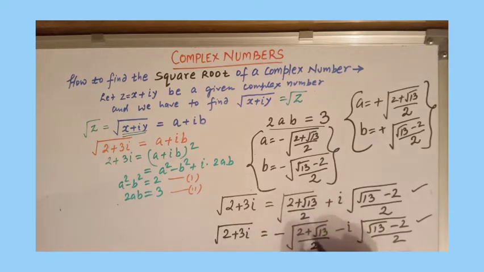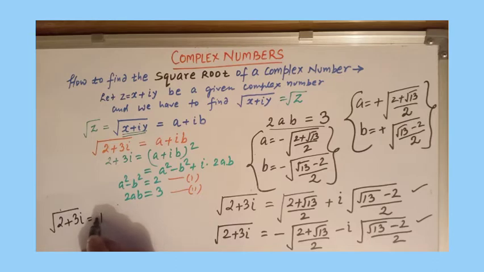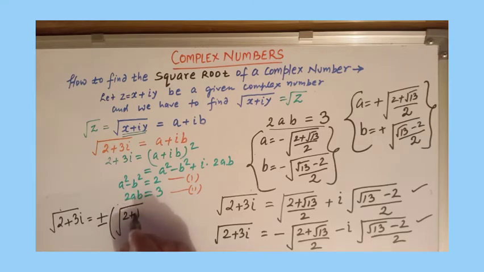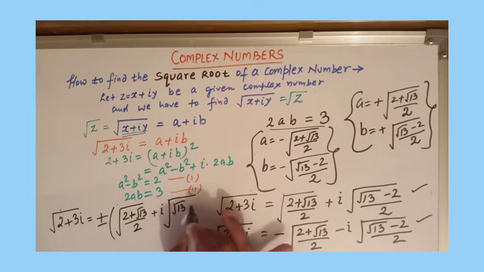So if we combine both the values, then we can write that the square root of 2 plus 3i is equal to plus minus, square root of (2 plus square root of 13) divided by 2 plus i square root of (square root of 13 minus 2) divided by 2.